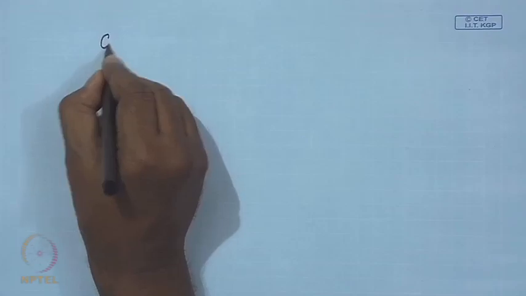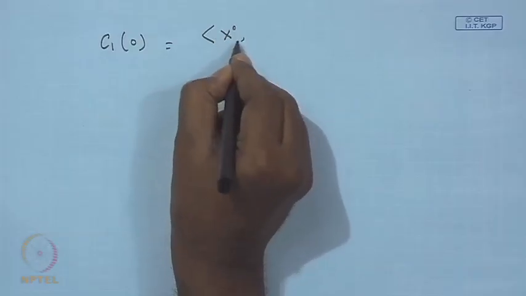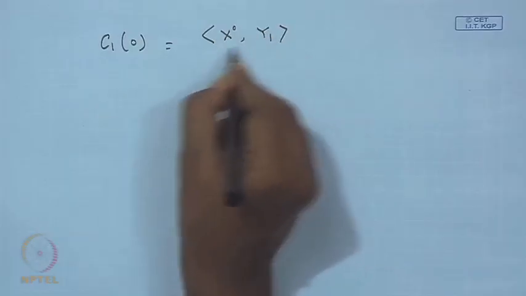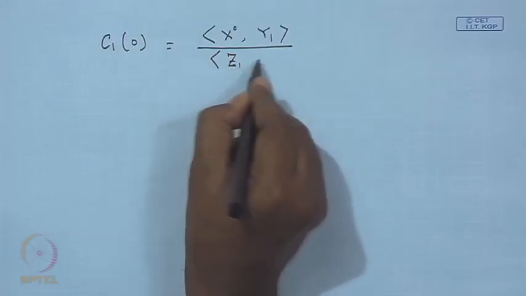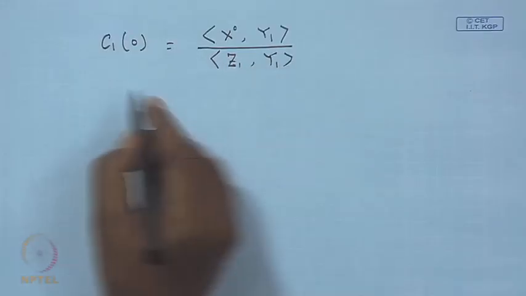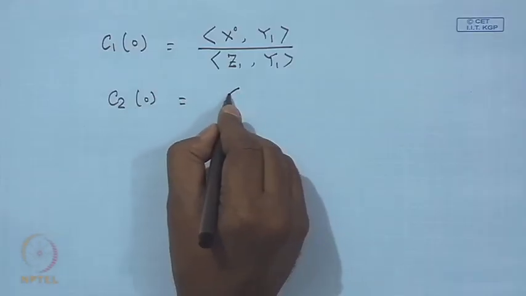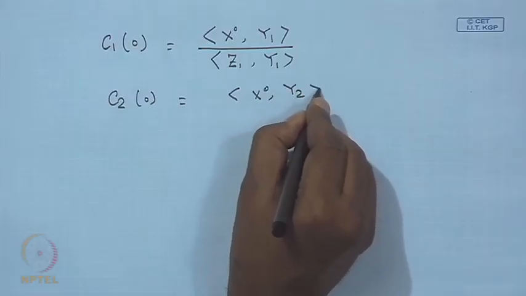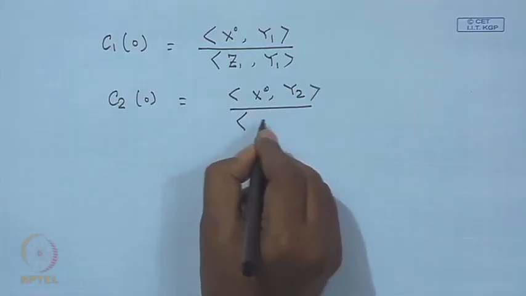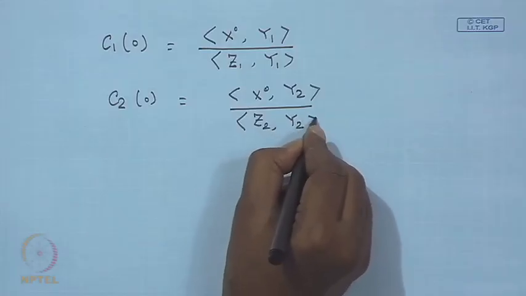C 1 naught is the inner product of x naught and y 1 divided by the inner product of z 1 and y 1, and C 2 naught is the inner product of x naught and y 2 divided by the inner product of z 2 and y 2.